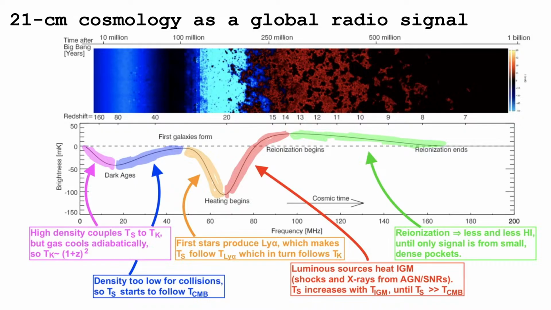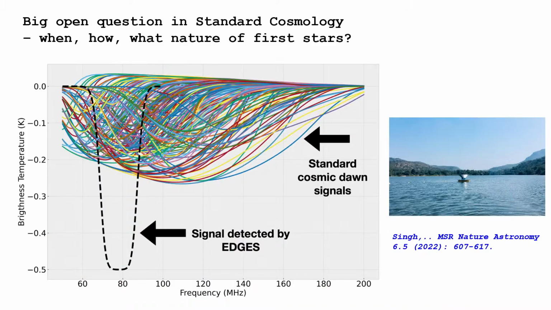Specifically, we are looking at a few periods from the ground, namely the cosmic dawn, which is the deep trough there at around 70 megahertz, and the epoch of reionization, which is around 100 megahertz. Again, the x-axis is frequency in about tens to hundreds of megahertz. Here, the dynamic range of the problem is 1 part per million because the galaxy can be about 1 million times brighter than the signal we are looking for.